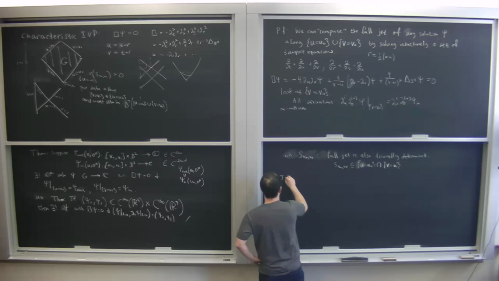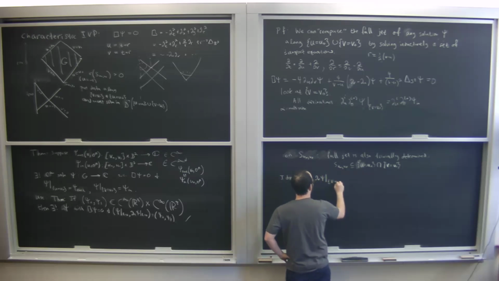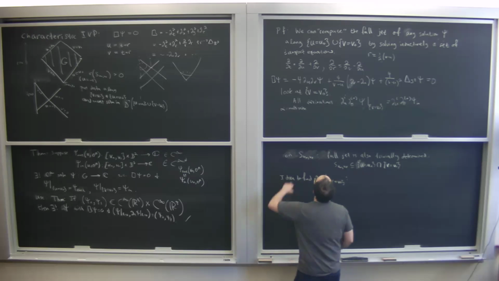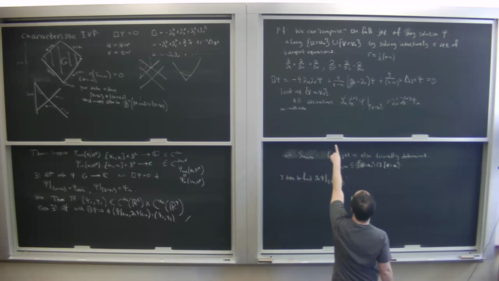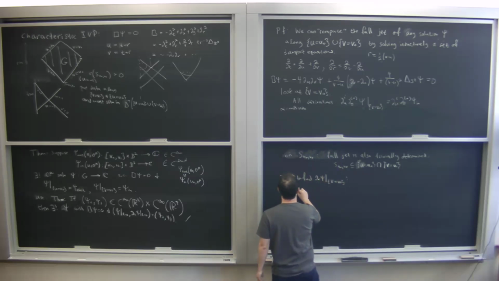So the idea to find dv here along v equals v0: we treat this as an ODE in the u direction for d by dv. To emphasize that when I'm thinking of it as an ODE, well, it's not really an ODE, it's a transport equation.